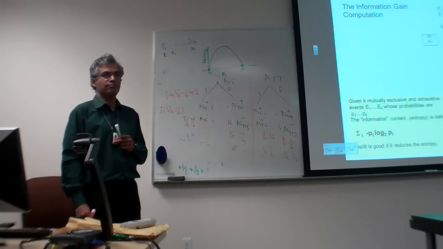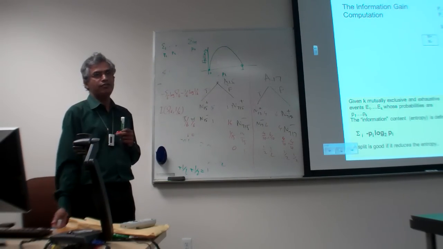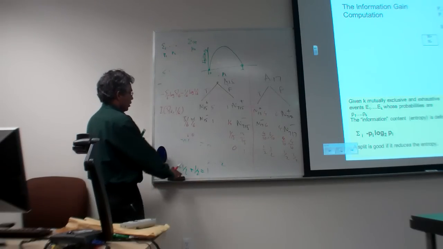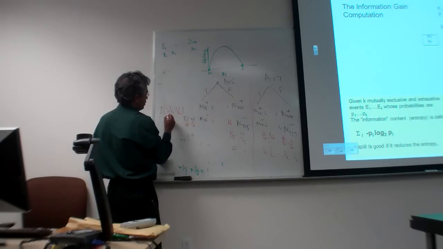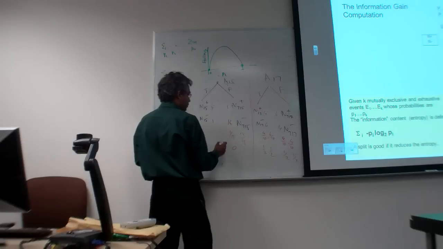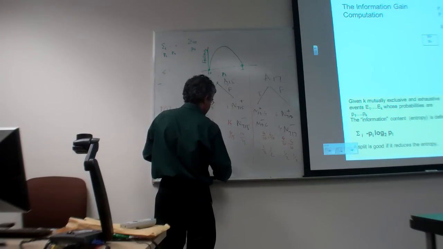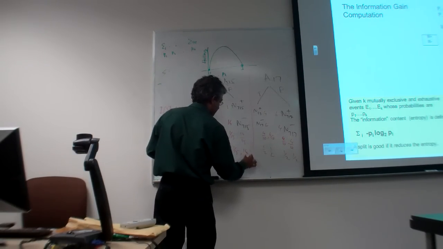That's my notation. I is basically my entropy. You can call it E if you want. So clearly here on this branch the entropy is I(5/6, 1/6). On this branch the entropy is I(1/15, 14/15).